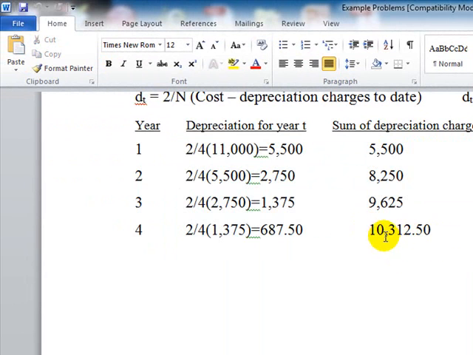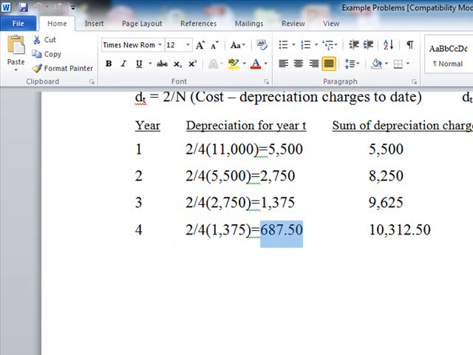So we have $312.50 more here, and that is not correct. We cannot use depreciation charge of 687 in the fourth year, even though the formula gives that value.